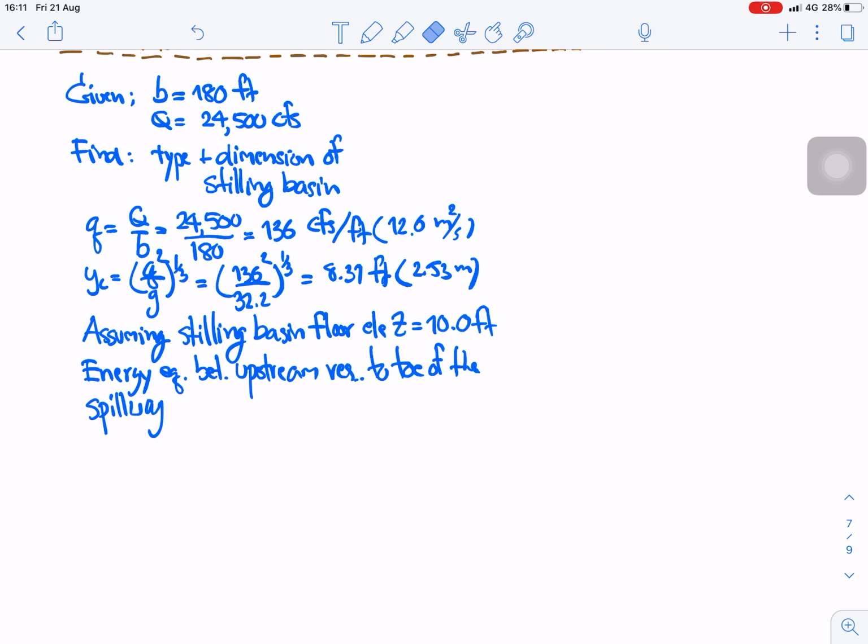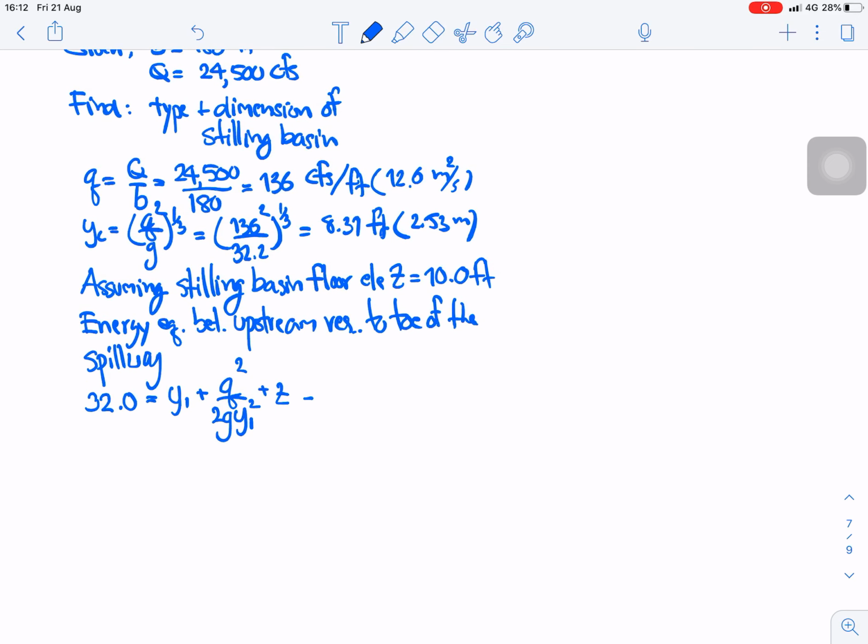So the energy upstream is equal to 32 feet, equal to y1 plus q squared over 2g y1 squared plus z.